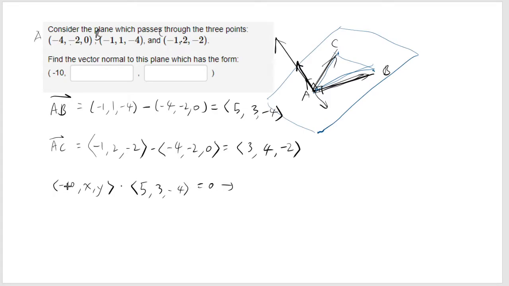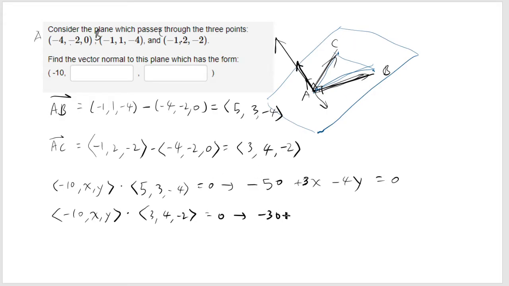That means -10 times 5, -50, plus 3x, and then -4y has to be 0. And (-10, x, y) has to be perpendicular to this other vector, (3, 4, -2), so -30 plus 4x minus 2y has to be 0.